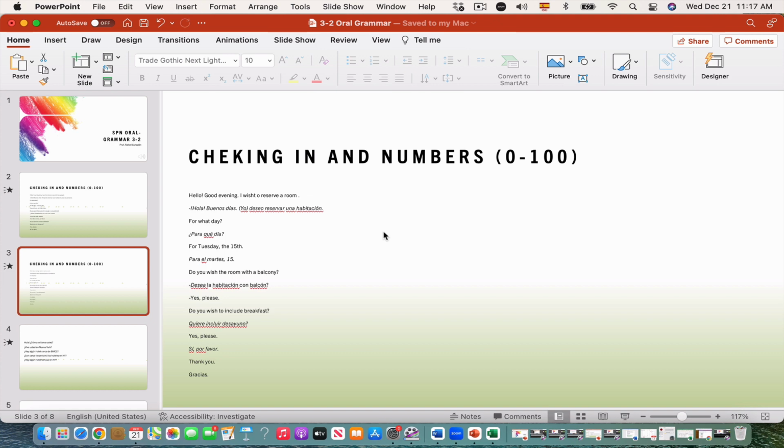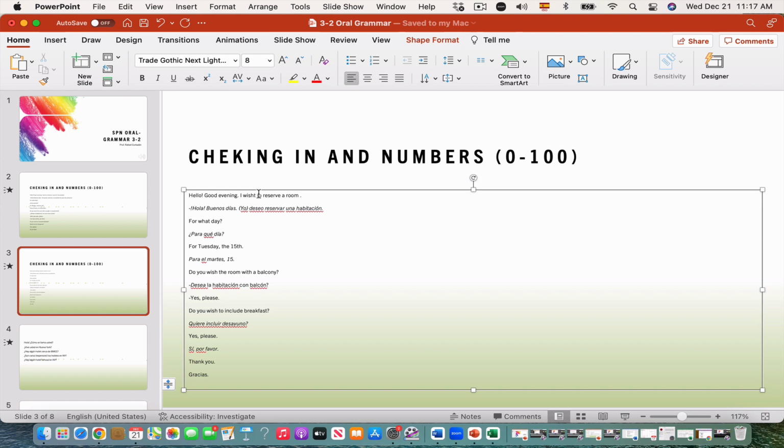So remember, how do you say good evening? Buenas tardes. How do you say I wish to reserve a room? Okay? In this case, deseo reservar una habitación. For what day? ¿Para qué día? Well, in this case, for Tuesday 15, para el martes 15.